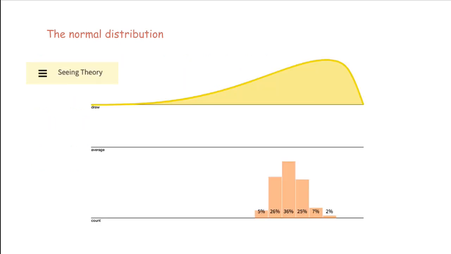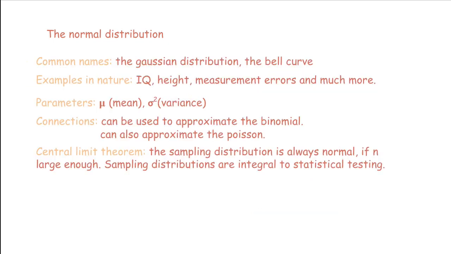To visualize this better, I highly recommend playing with various distributions and their sampling distribution in the site Seeing Theory. I will link to it in the description. The reason this theorem, and the normal because of it, is so central is that the whole field of statistical testing is based on sampling and comparing means to determine if an effect is significant.